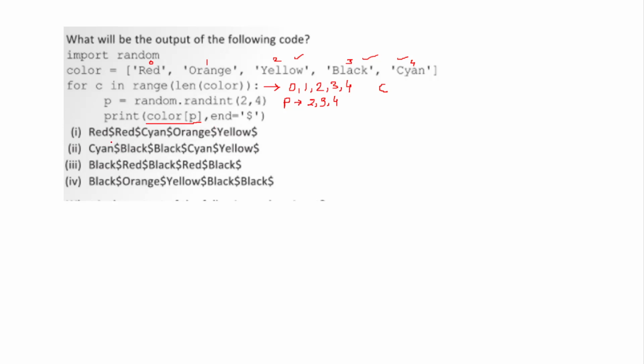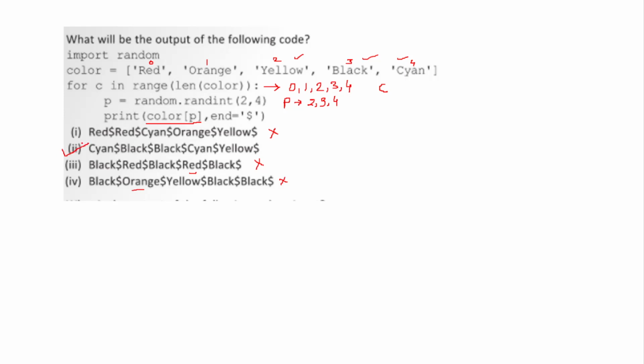Now let us examine the options. The first option we have red. Already we have seen that red and orange cannot be the part of any answer. So option 1 is not possible. Option 3 again not possible because red is there, and because of orange this option is also not possible. So the correct option is option number 2.